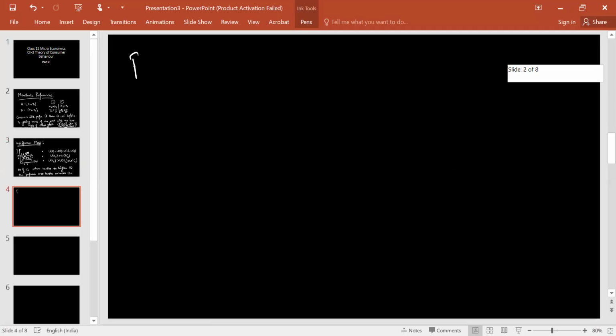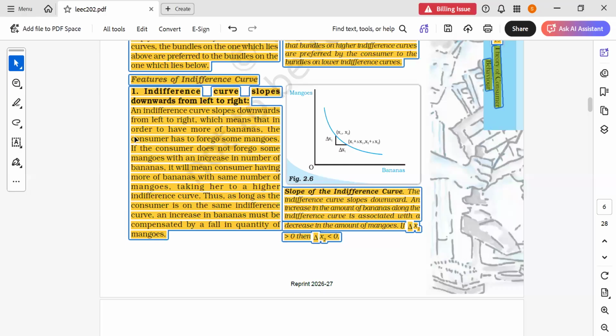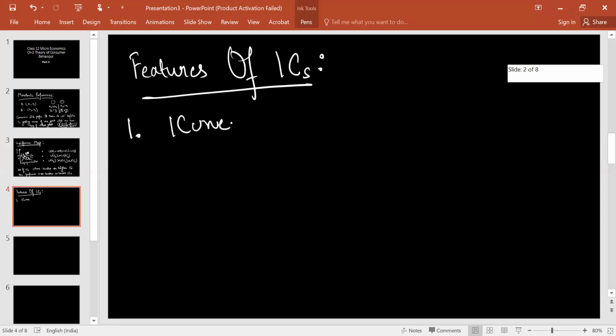Now comes the features of indifference curve. Indifference curve slopes from left to right.